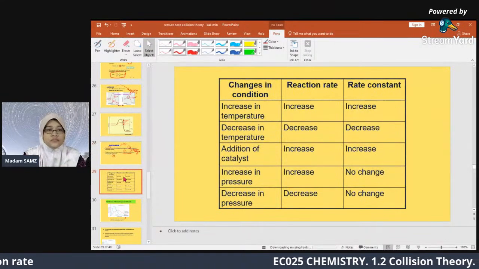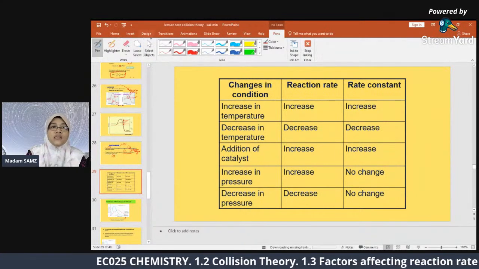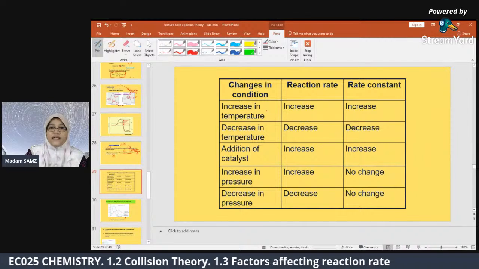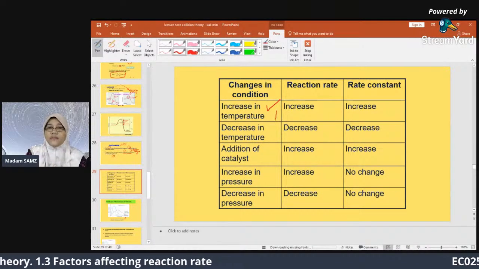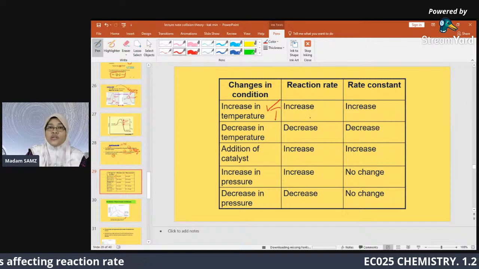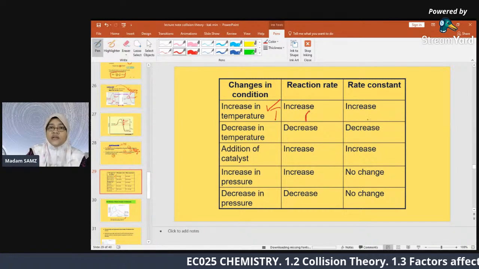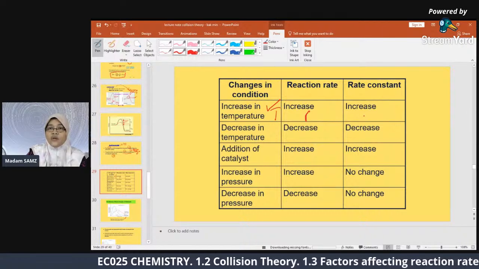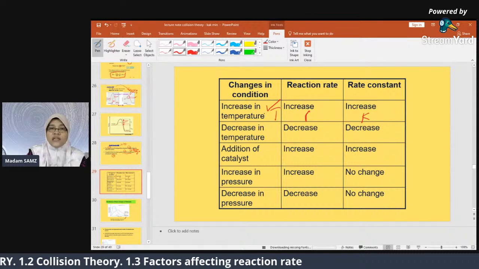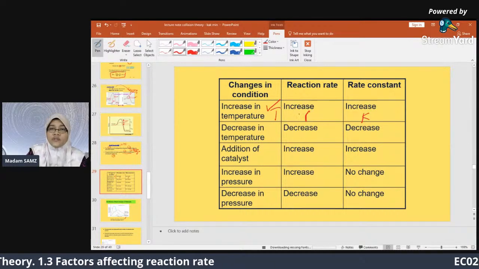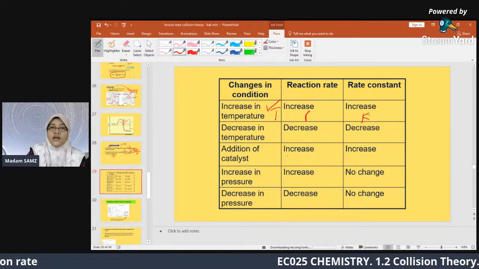So change in condition, what we can see here actually, this table is a conclusion. When you increase temperature, the reaction rate also increases, and the rate constant also increases. So decreasing temperature decreases the rate of reaction, and also decreases the rate constant.